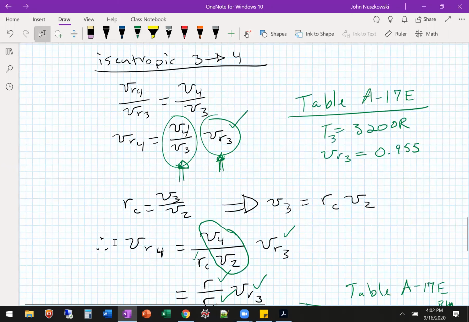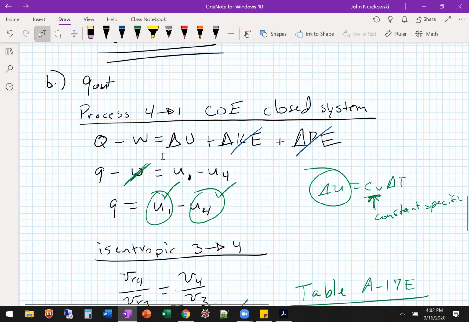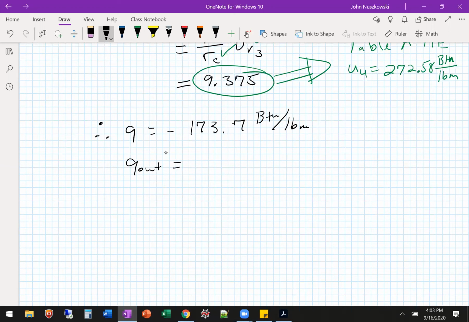And we go back up. We have heat. So we get negative 173.7 BTUs per pound mass, or if we want to call it Q out with that subscript, then it's just 173.7 without the negative sign.